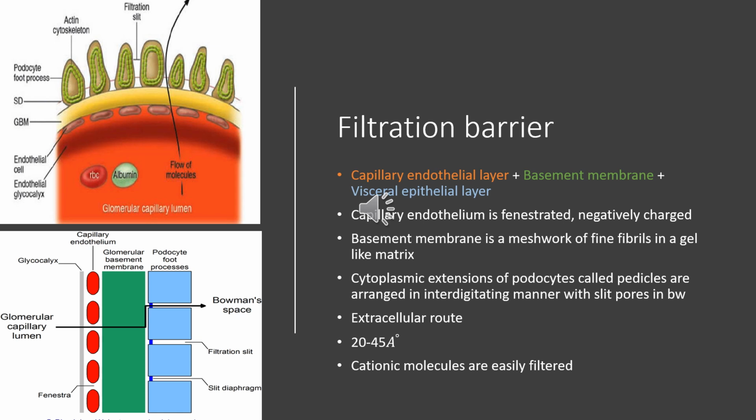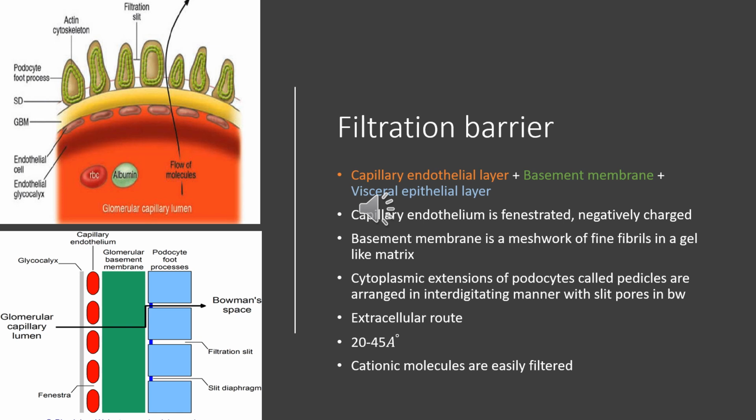Then podocytes, which form the inner layer of the filtration barrier, are having cytoplasmic extensions called pedicles, which are arranged in an interdigitating manner, having slit pores in between. They too do not allow free passage of molecules. Thus, filtration of molecules is greatly restricted by this filtration barrier, especially in case of protein molecules.